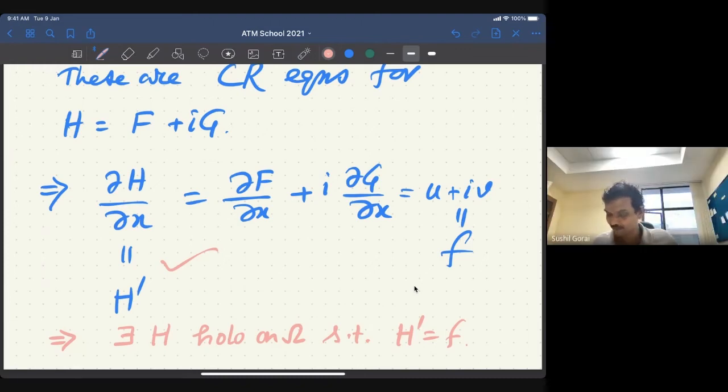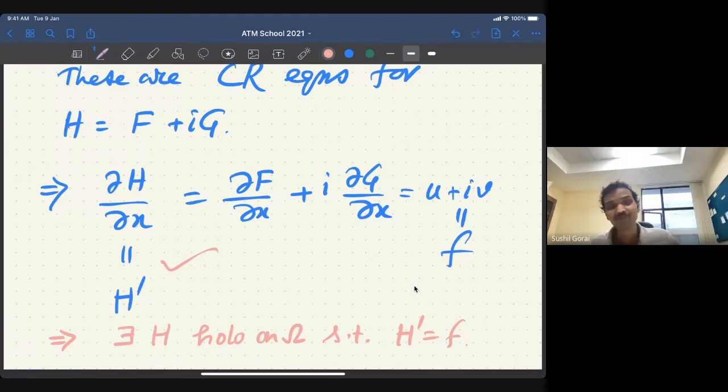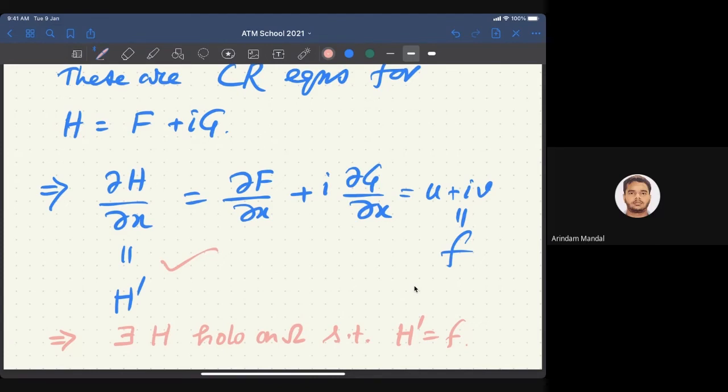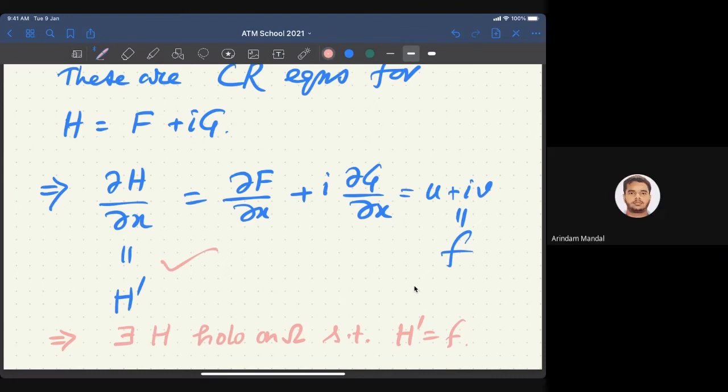H is holomorphic, but how do you know H prime is also holomorphic? In complex analysis, if one function is holomorphic, then all its derivatives are also holomorphic. How do you know it? Using the power series. Did you expand the power series? No, we did not look at the coefficients and the radius of convergence.